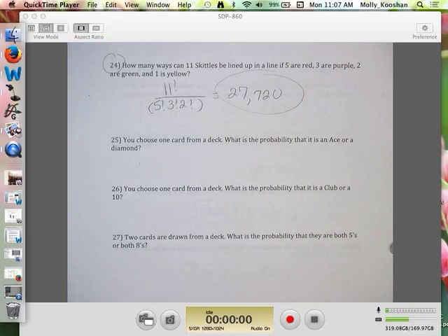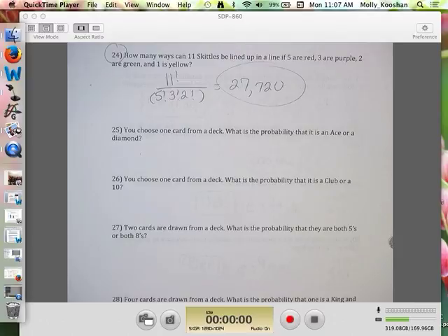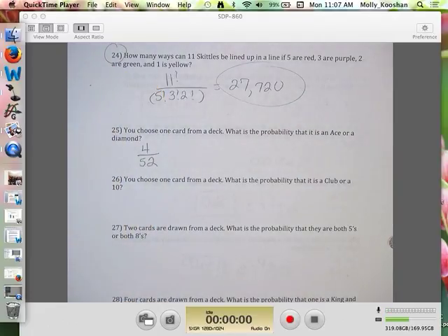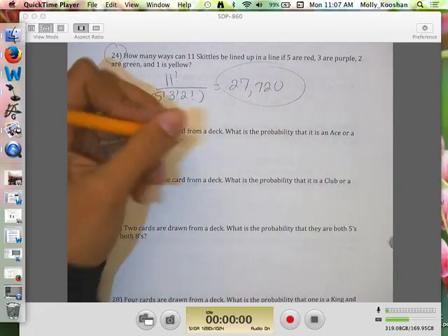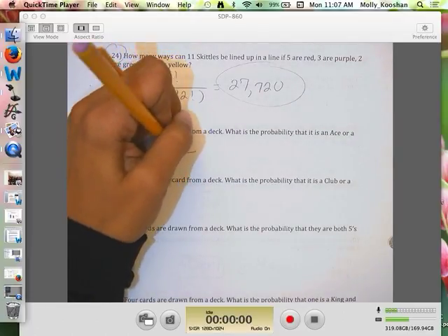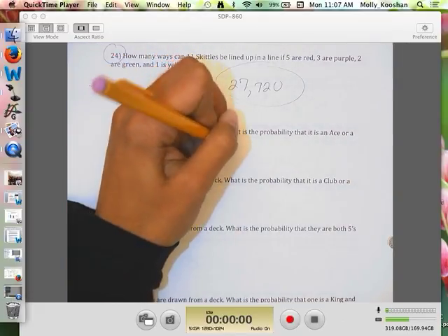Okay. So now we're going to move on to probability. Number 25, you choose 1 card from a deck. What is the probability that it is an ace or a diamond? So, there's 4 aces out of 52, plus there's 13 diamonds out of 52. So this is 17 out of 52.